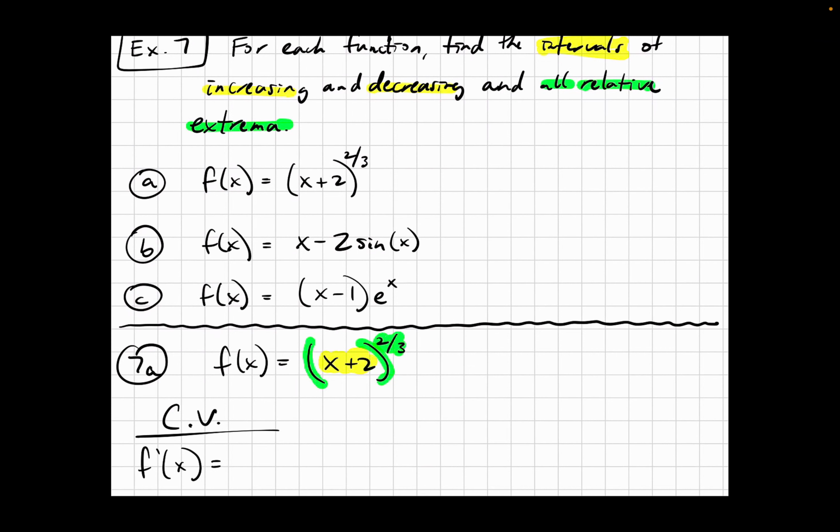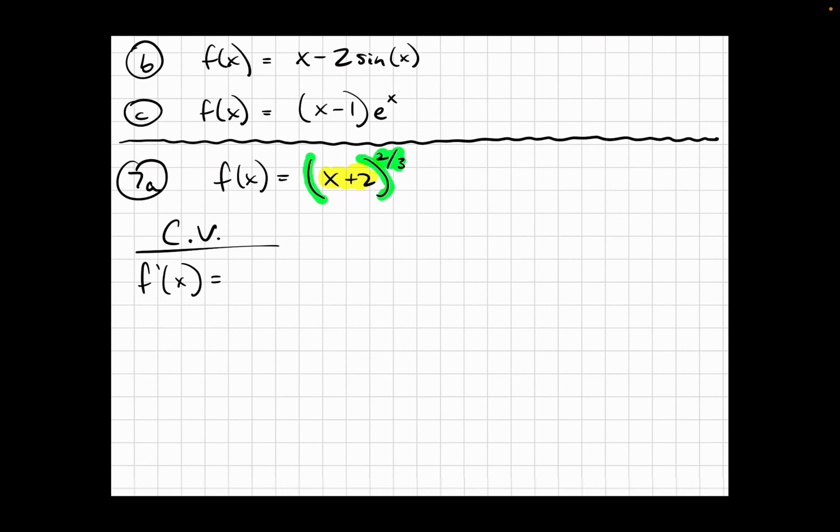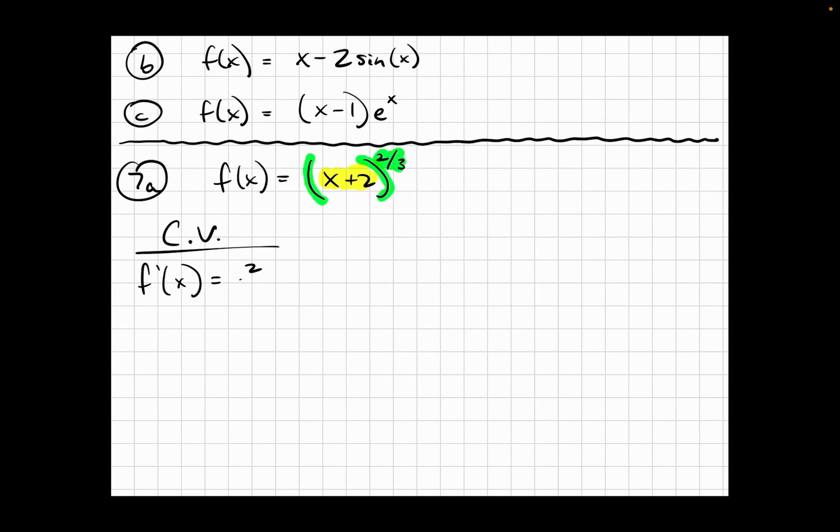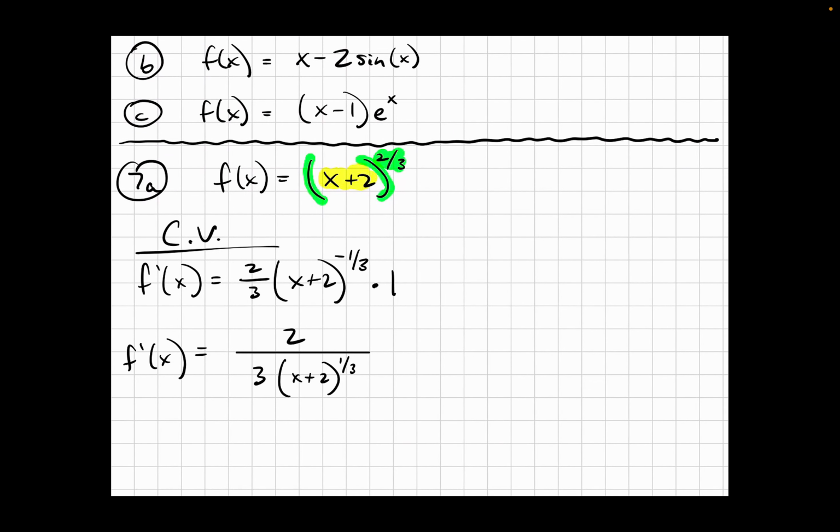The derivative of the green is 2/3, minus one whole, you'll get negative 1/3, times the derivative of the inside, which is just 1. So I get 2 on top, 3 on the bottom, x plus 2 to the 1/3 power. That's the derivative.